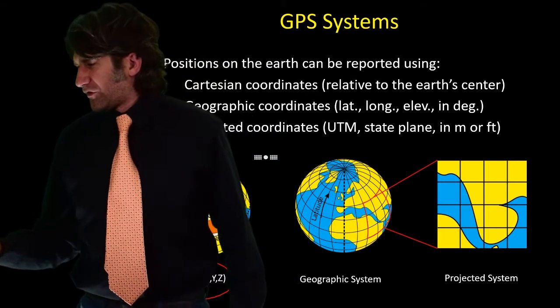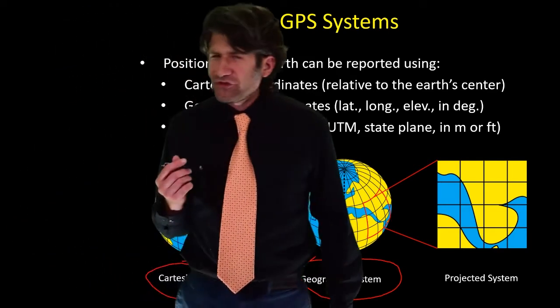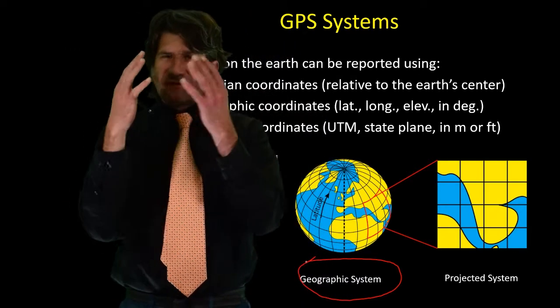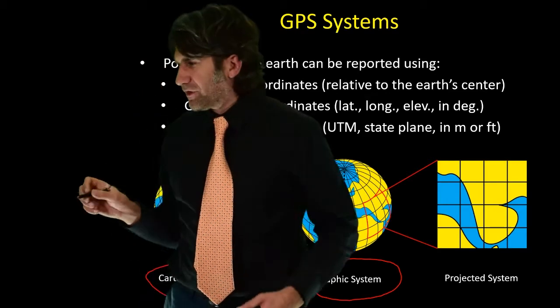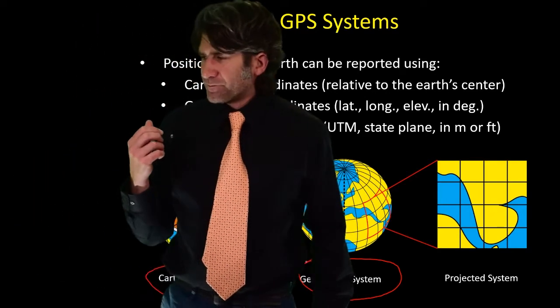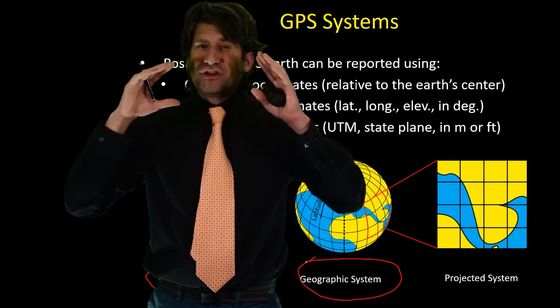Or we can use what's called a geographic coordinate system, which you are probably most used to. A geographic coordinate system assumes a simplified shape of the Earth, and then you can just report your position as a latitude and a longitude, right?